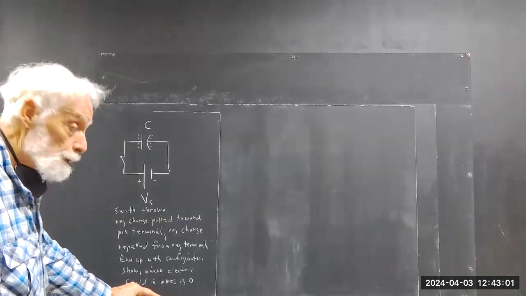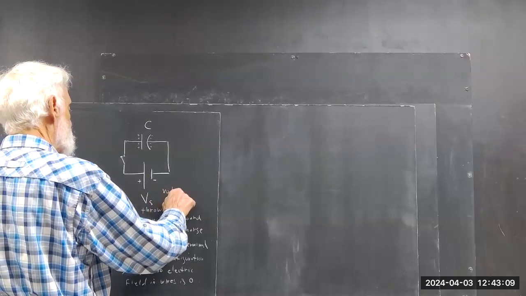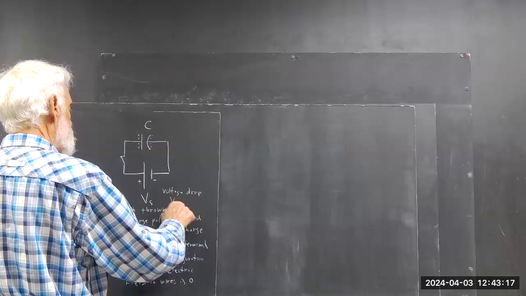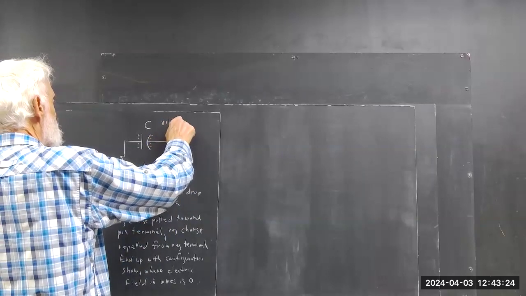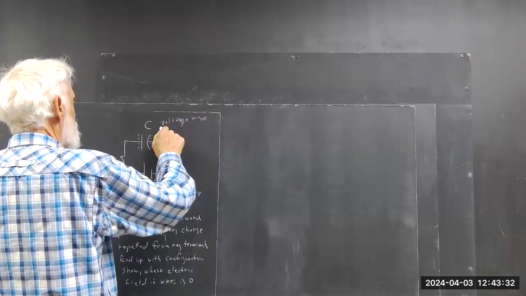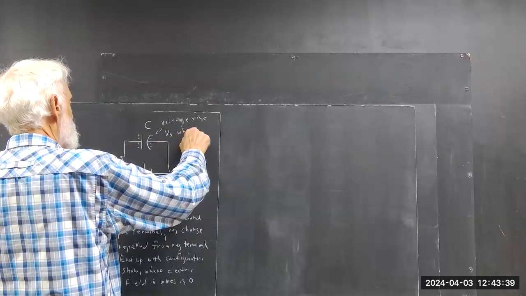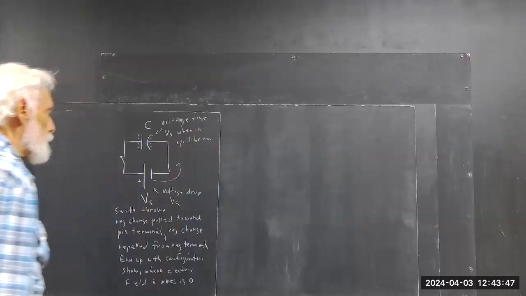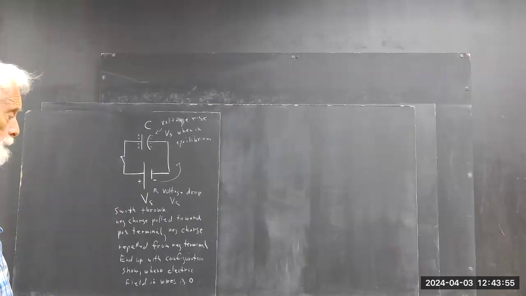The electric field in the wires is zero. So we have a voltage drop VS across here, and going around here you have the voltage rise VS, when this is in equilibrium. Does that make sense? Does that clarify a little bit what's going on?